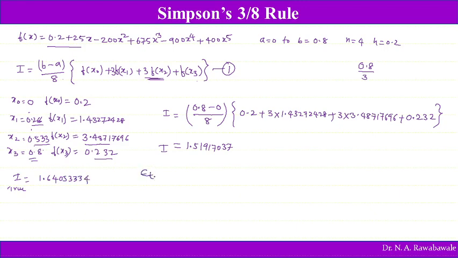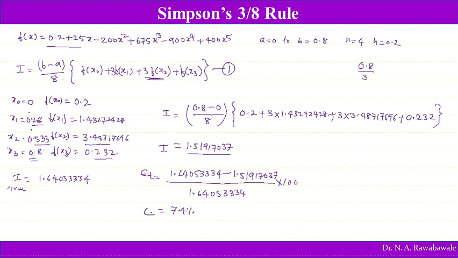So true error can be obtained by 1.6405334 minus the approximate integral which we have obtained, 1.51917037, divided by the true integral 1.6405334, into 100, and this works out to be 7.4%. The error works out to be 7.4%.